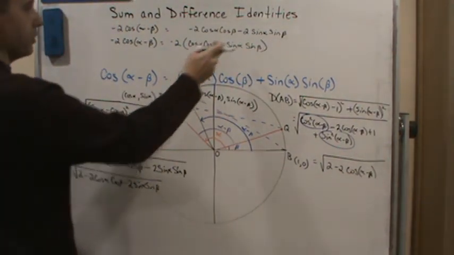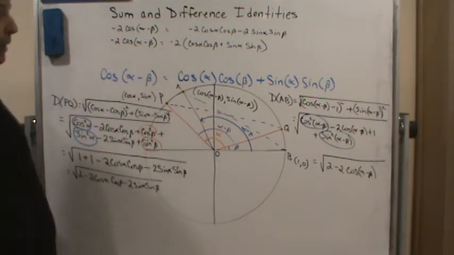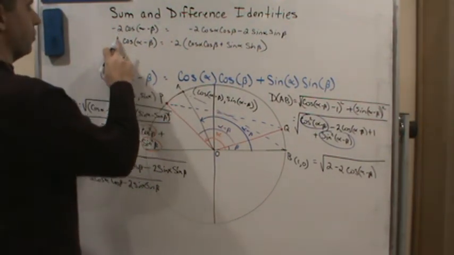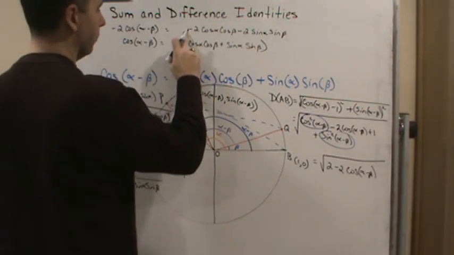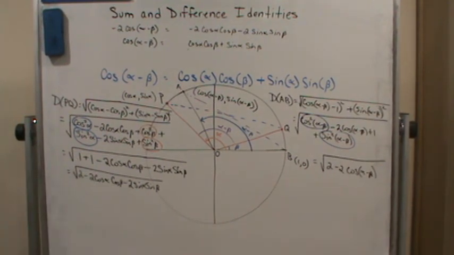All I do is just factor out a negative 2. Now notice when I divide by negative 2 on either side, the negative 2's go away. Boom. I end up with the result that I wanted. And there's the identity. Have a great day.